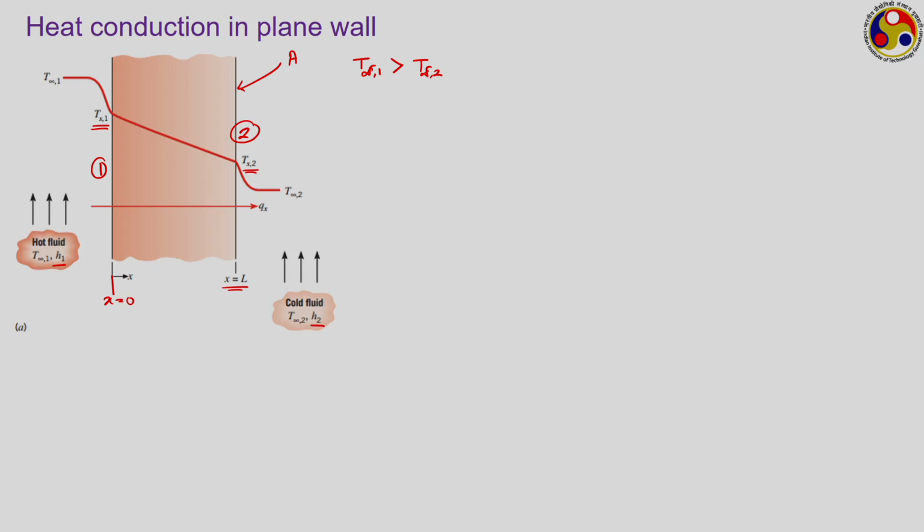But before taking into account the heat convection with the hot and cold fluids, let us just stick to the conduction part. Ts1 and Ts2 are the temperatures of the two faces of the wall. Using our common sense, we can say that heat always gets transferred from high temperature to low temperature. So, T infinity 1 has to be greater than the surface temperature of face 1, Ts1, which has to be greater than Ts2, and that has to be greater than T infinity 2.